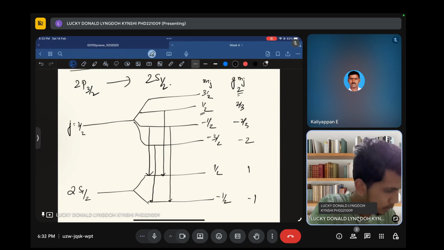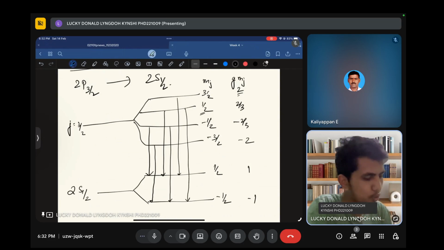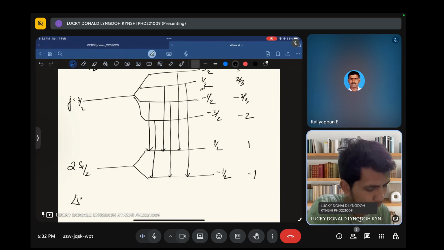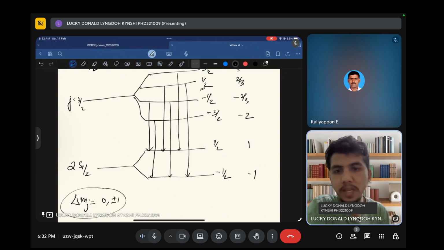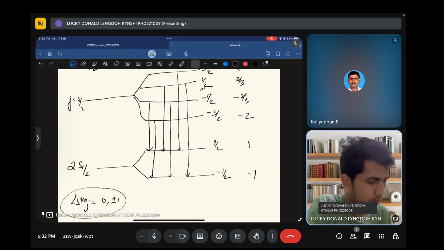Now 3 by 2 to half are allowed, and half to minus half also are allowed. So use the selection rule in such a way that delta of mj equal to 0, plus minus 1. Then you will get the number of transition lines. So you get 1, 2, 3, 4, 5, 6 transition lines.